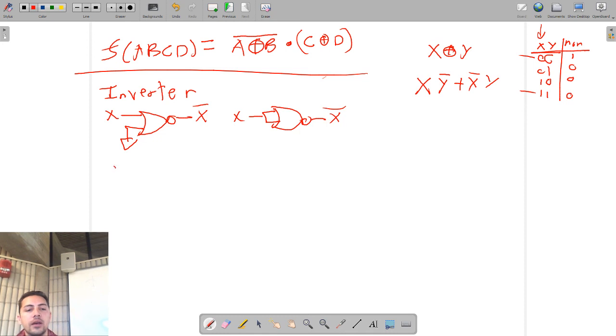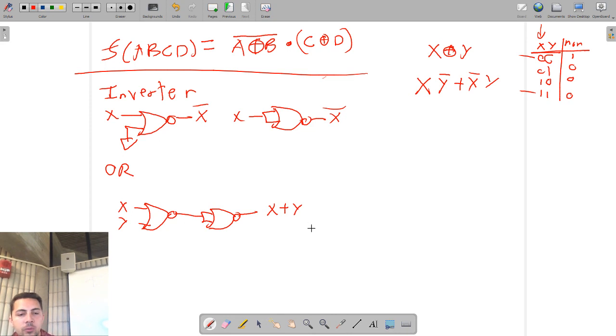Well, now we're well on our way, because if we can make an inverter out of a NOR gate, how do we make an OR gate using only inverters? You take a NOR gate, and then you stick a NOR gate with its inputs tied together on the output, and then you've got X or Y. All right, and if we can build an OR gate, we can build an inverter, an AND gate.